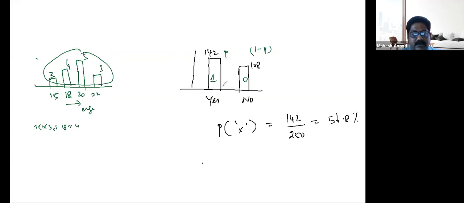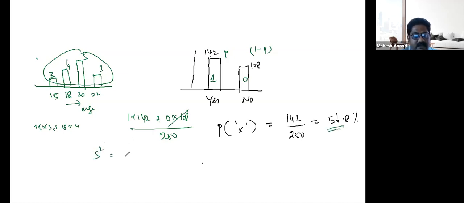Whichever proportion you are supposed to calculate, keep it as 1, and the other category you can keep as 0. How do you calculate the proportion here? 1 times 142 plus 0 times 108, whole divided by the total count 250. So obviously the zero term goes away, so 142 divided by 250, same as 56.8.